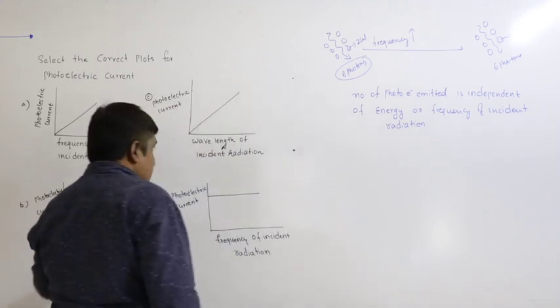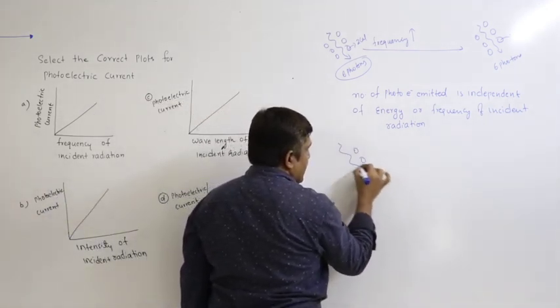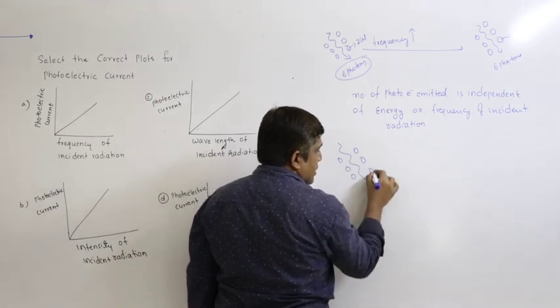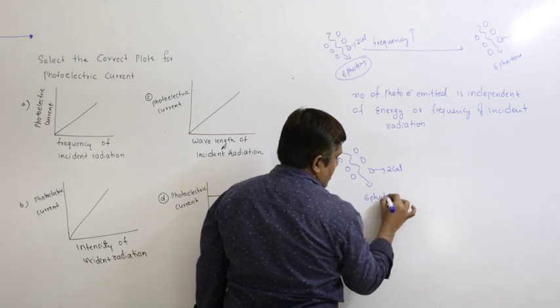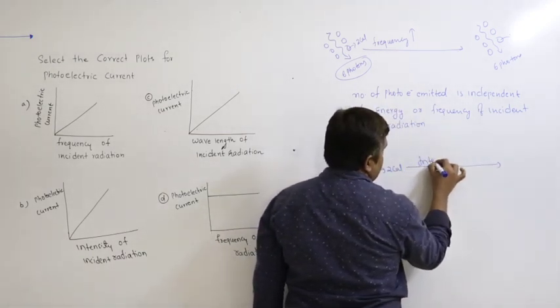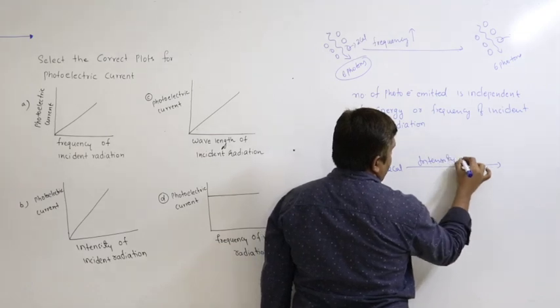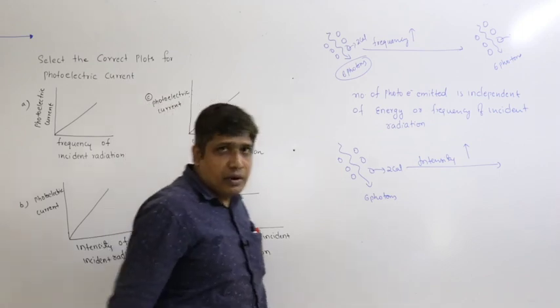Coming to intensity. Increasing intensity means increasing the number of photons. So 6 photons are available. The intensity of incident radiation is increased. I am increasing the intensity. Then what happens?